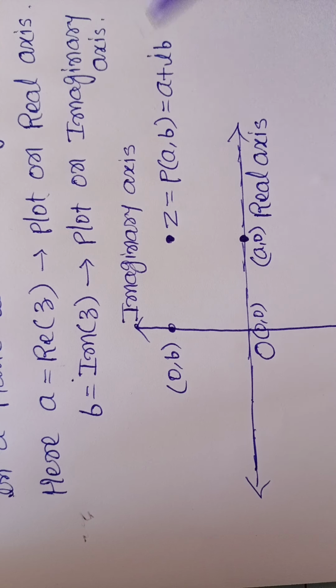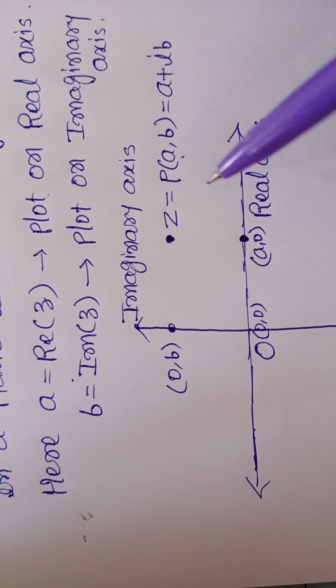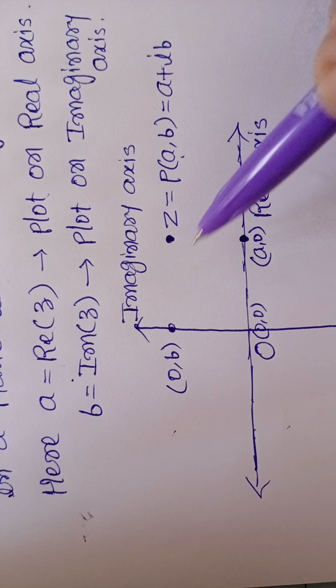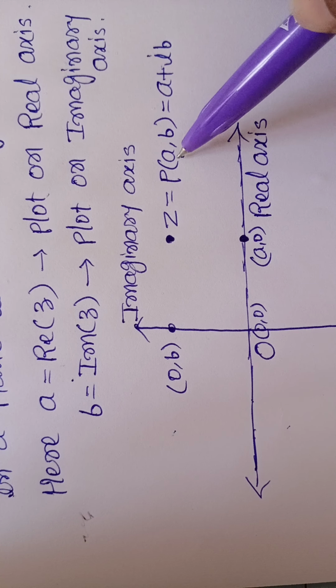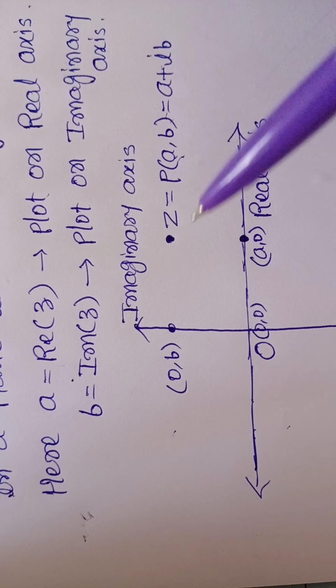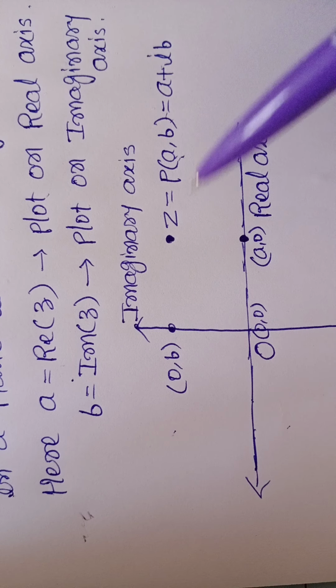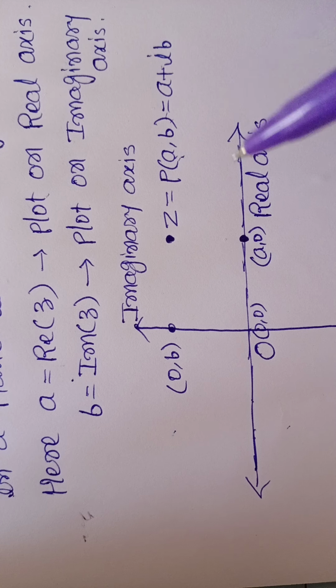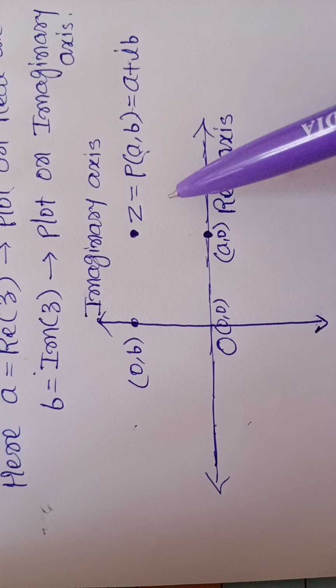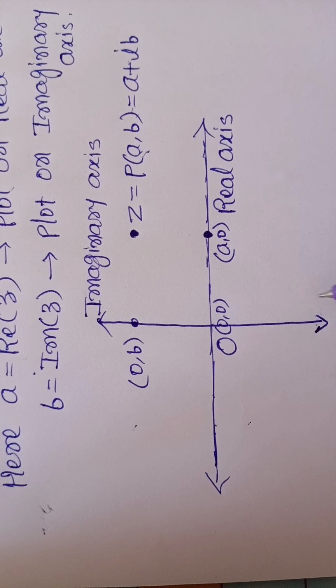So a plus ib complex number represents a point, and that point we plot here or here or here or here. It depends on the values of a and b. Both positive, then first quadrant. Negative and positive, then second quadrant. Both negative, then that point will be plotted in the third quadrant. Similarly the fourth quadrant.